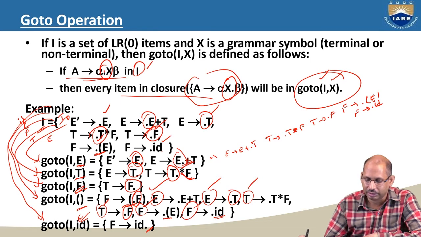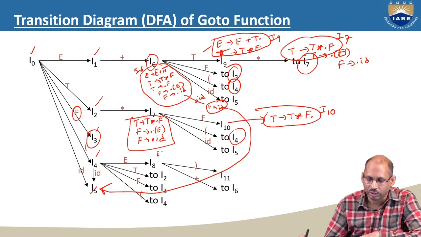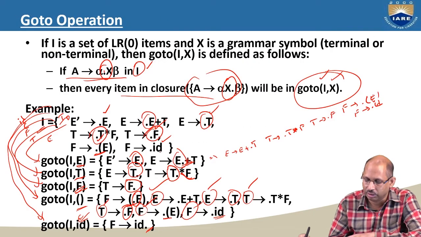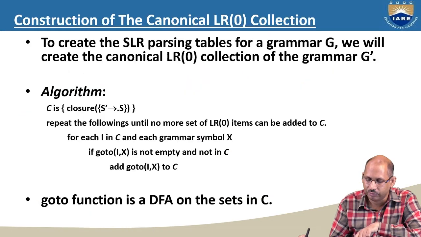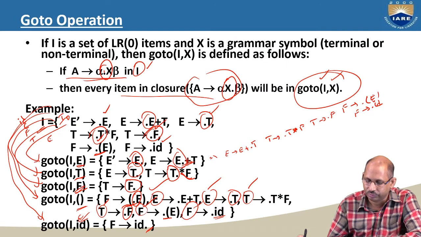Here this is I4, on E giving I8. So what are the things? F gives left parenthesis E dot, that is one.